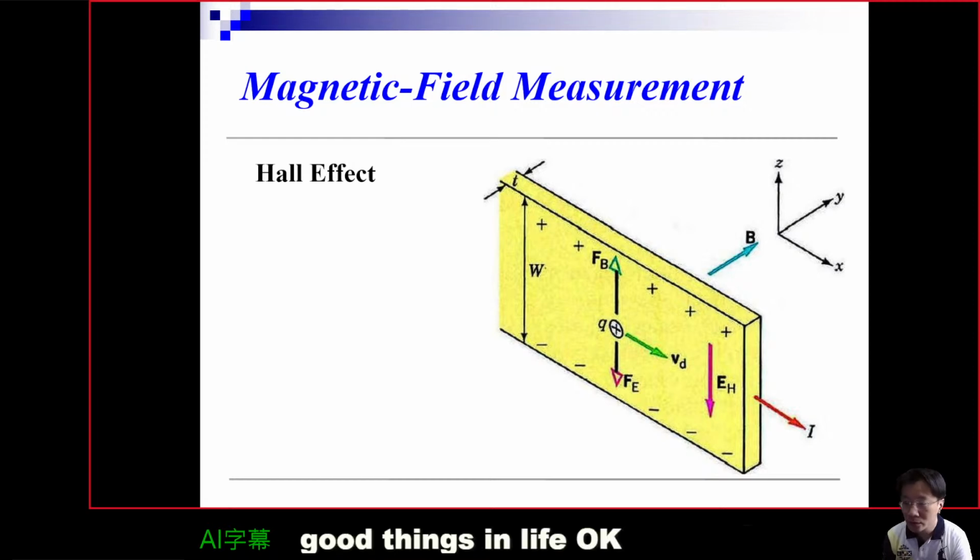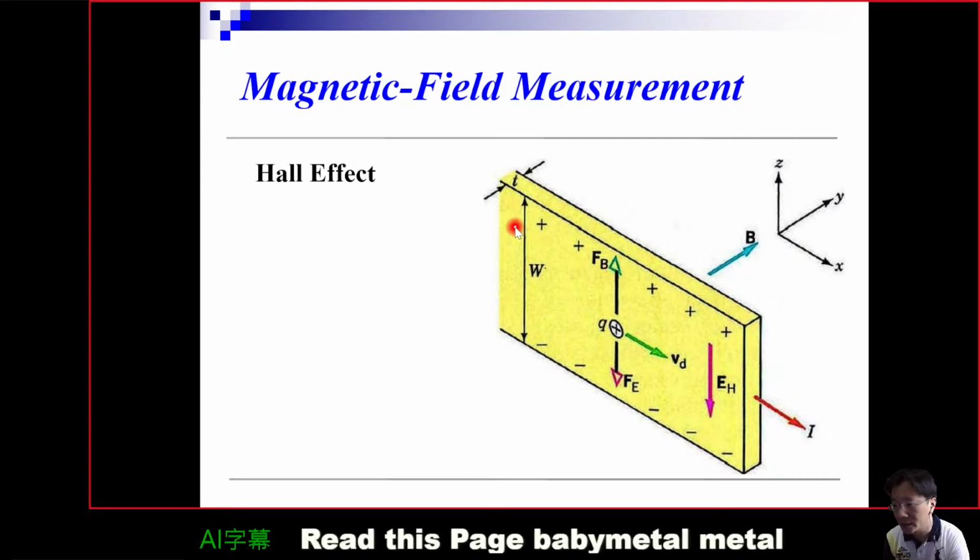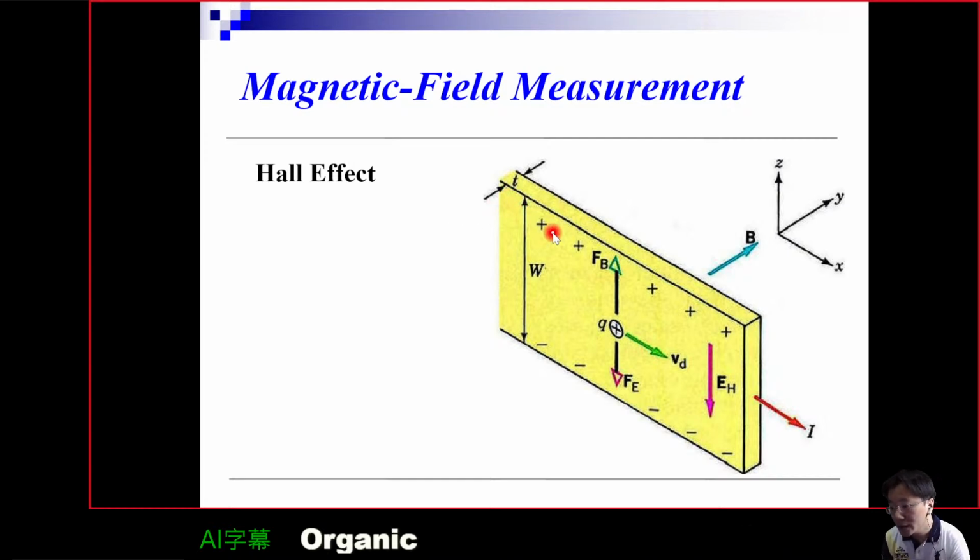Okay, so if you want to measure the magnetic field, you must know what is called the Hall effect. The Hall effect, as shown here, uses a thin plate, which may be made of metal or semiconductor, mostly semiconductor.